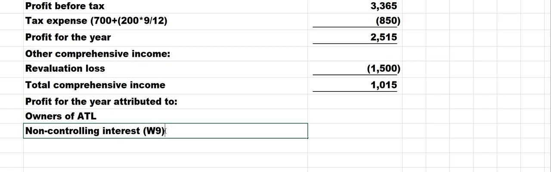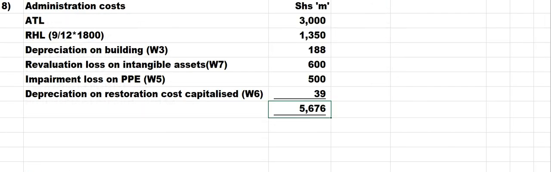Let me show you how to get the profit share for the NCI. Okay, this is working 9.